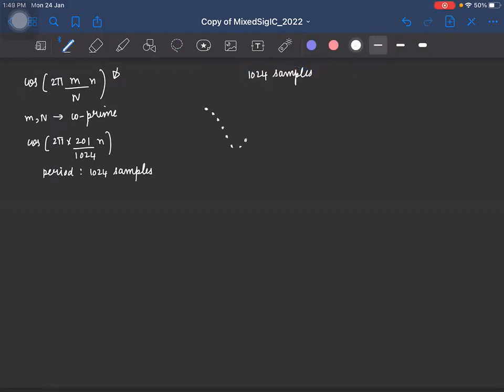This is going to be a sinusoid, and since the frequency is 201 by 1024, within these 1024 samples it is going to complete 201 cycles.